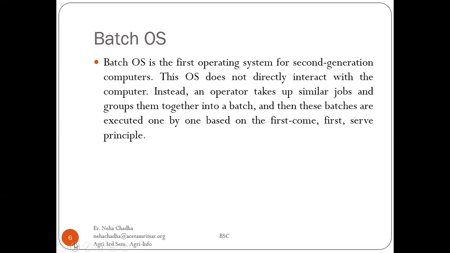First come first serve principle says the person who comes first will get the benefit first. And batch operating system means similar kinds of jobs. Like there are 10 people who want to do addition. They are doing the same type of thing, that means they are performing addition. That means their group has been assembled. And when the group has been formed, then the operating system will start working. It is called batch operating system.